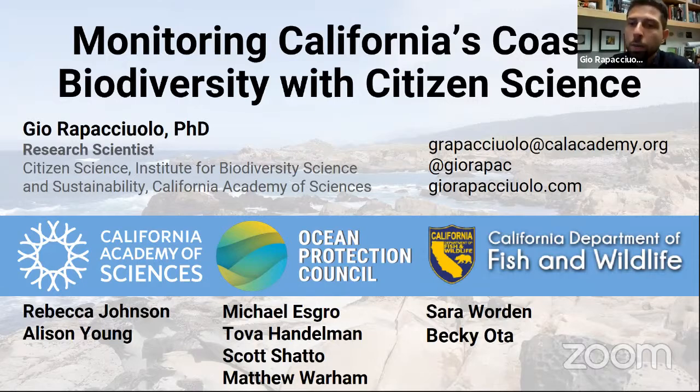It's a webinar that caps an 18-month collaboration between the California Academy of Sciences, the California Ocean Protection Council, and the California Department of Fish and Wildlife. This collaboration explored and is continuing to explore the use of crowdsourced citizen science data to monitor and understand biodiversity on the California coast and assist management and policy.